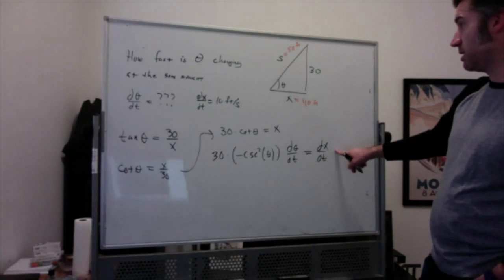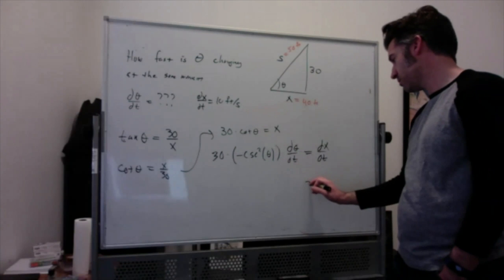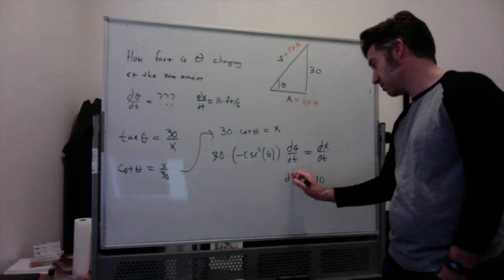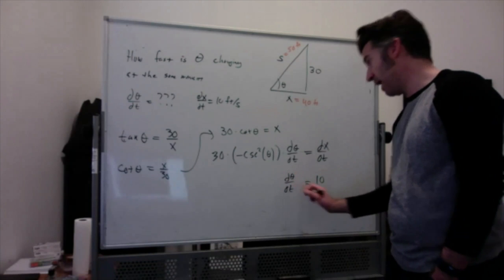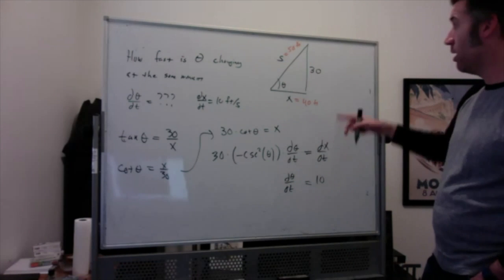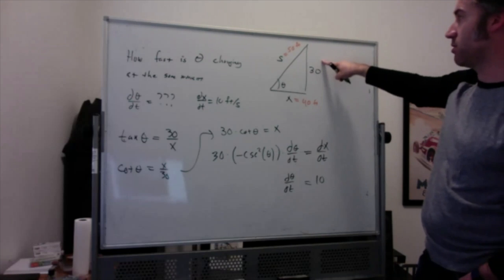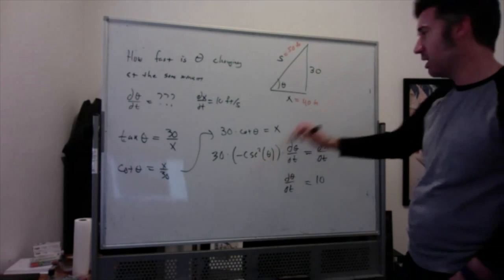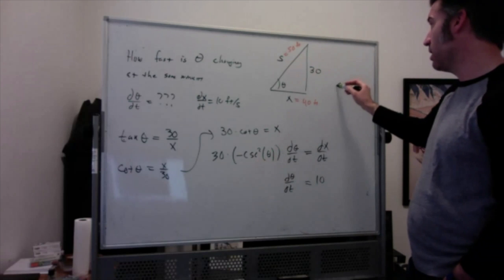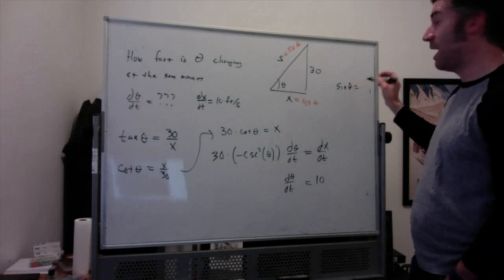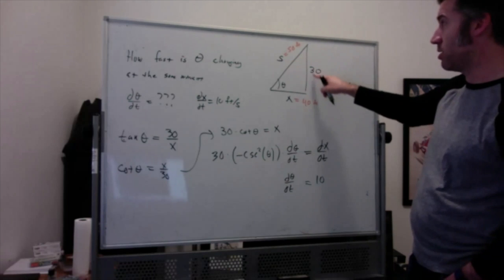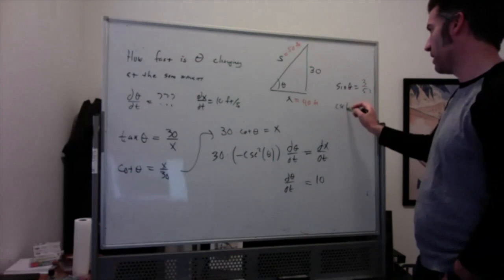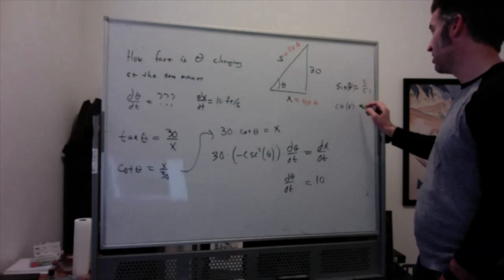We know that dx dt is 10 feet per second. d theta dt is what we're trying to find. And at the moment in question, x is 40, this is 30, this is 50. So cosecant is the reciprocal of sine, and the sine of theta at this moment is 30 over 50, which is 3/5. So I know the cosecant of theta at the moment in question is 5/3.